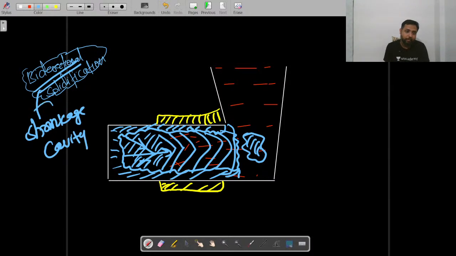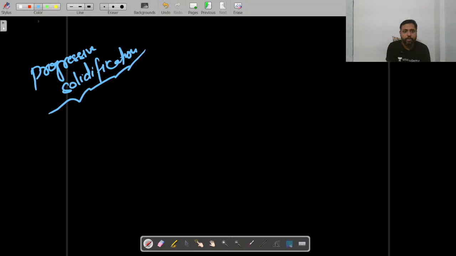Now there is another type of solidification, which we call progressive solidification. What is this progressive solidification? Let me tell you. Suppose you have a mold cavity with a thin section in between, and on the ends there are thick sections.